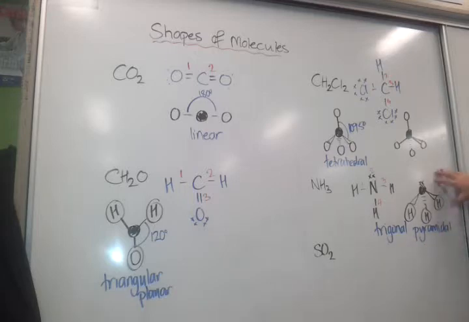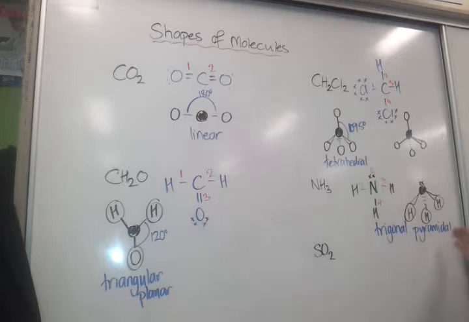So this is an example where I've got 4 regions of electron density, so therefore a tetrahedral electron cloud. But I only have 3 atoms bound to the central atom, so therefore it's trigonal pyramidal. And that's the way I'd describe it, of having to explain the shape.